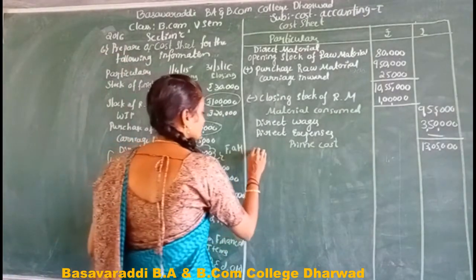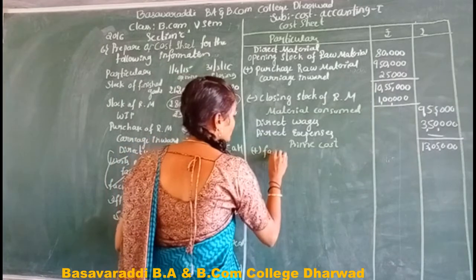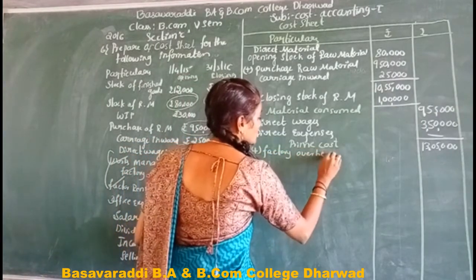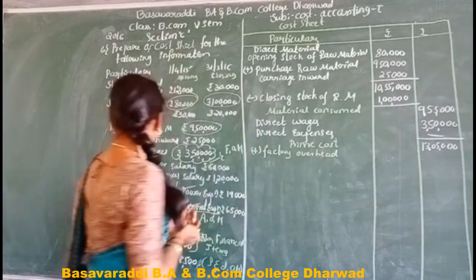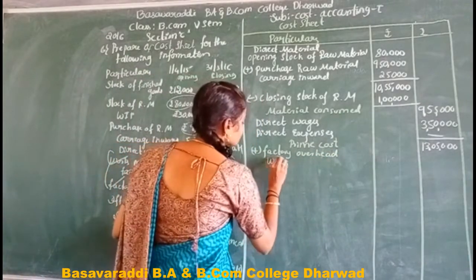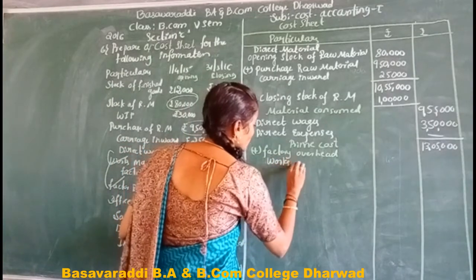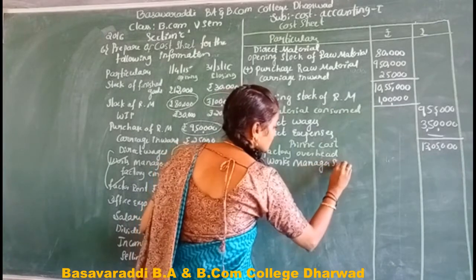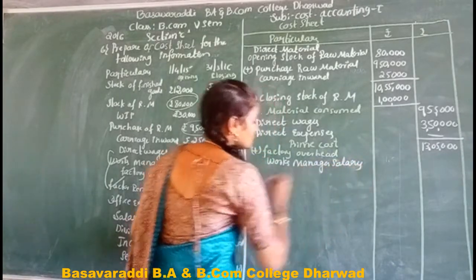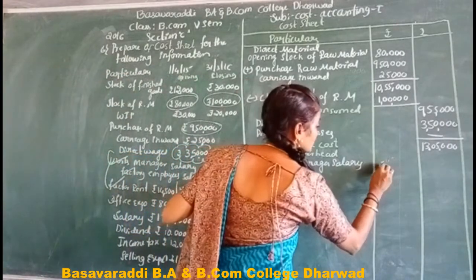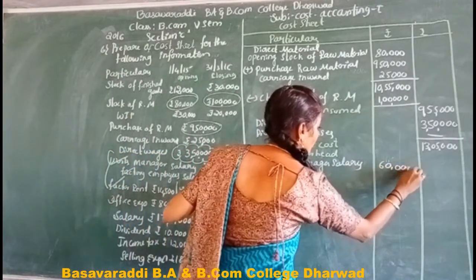Add factory overhead. First one is works manager salary 60,000.